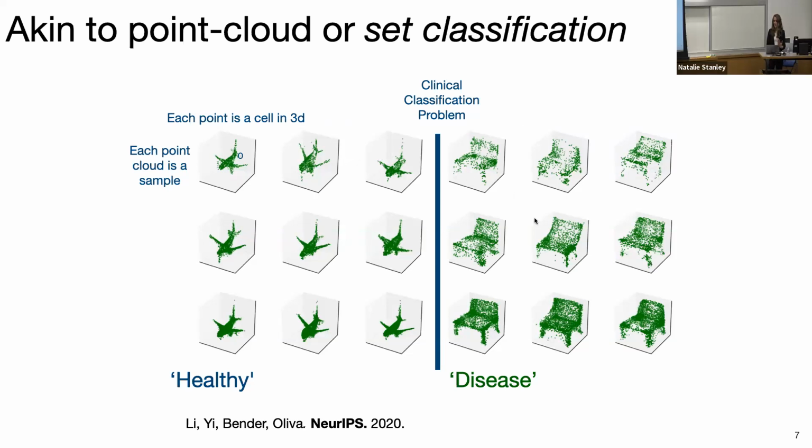And on the other hand, we could have these point clouds that look more like chairs. And it turns out in machine learning, they have been working for a long time on how you classify point clouds by type, right?